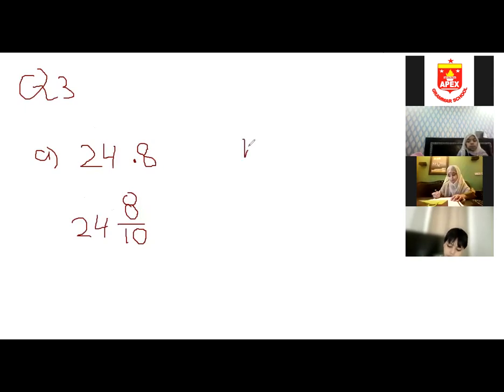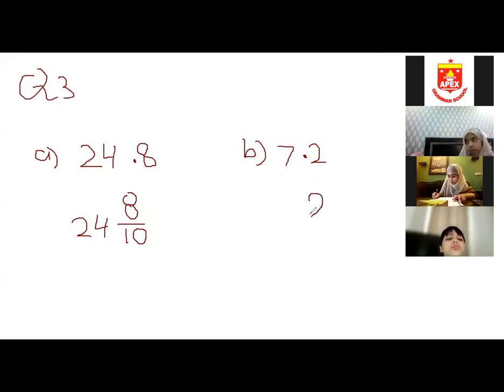Now the next part is B, that is 7.2. Again, we know that the place of 0.2 is tenths, and whenever we write a tenths value, we have to divide into 10 equal parts.